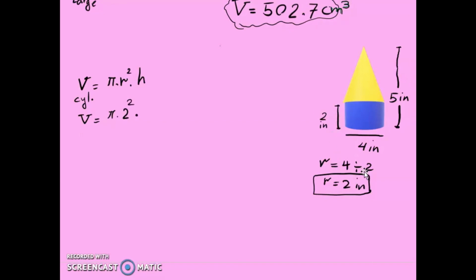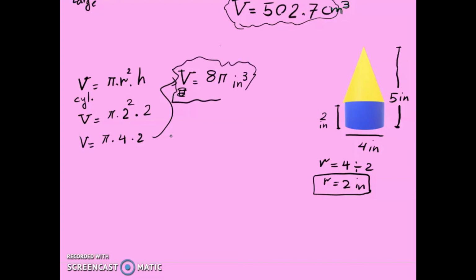In this case it is 2. So the volume would be pi times 4 times 2. As a result, the volume of the cylinder is 8 pi inch cubed. Let's keep this one, we will come back to that.